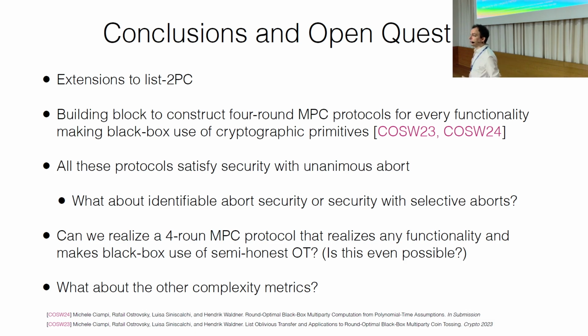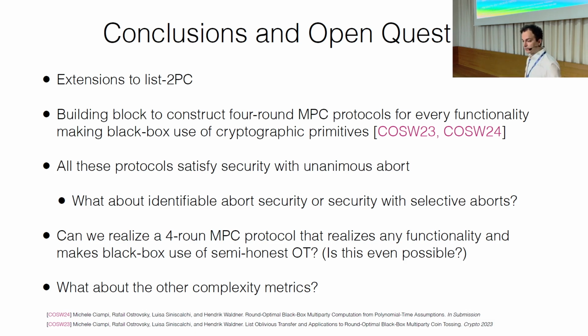Okay, this is the first result of its kind, and it's again optimal in terms of round complexity, and almost optimal in terms of primitive. Although we would like, it's not clear whether you can do better than ultimately using this notion of private OT. So the question is whether semi-honest OT is really needed to achieve all these results. Okay, so this is still an open question. It would be great to solve that.